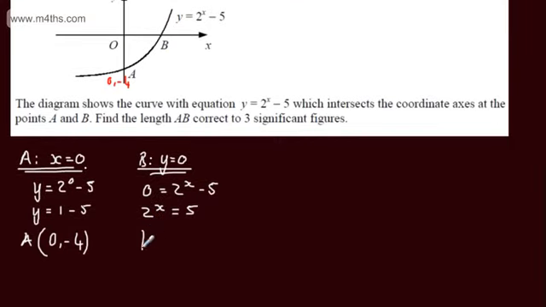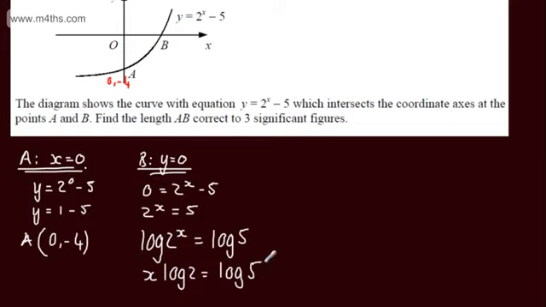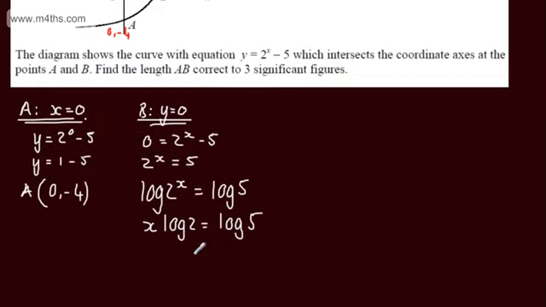So we can take logs of both sides. So log 2 to the power of x will be equal to log 5. I'm just using base 10. So bringing the power down, x log 2 is equal to log 5, and then x will be equal to log 5 divided by log 2.